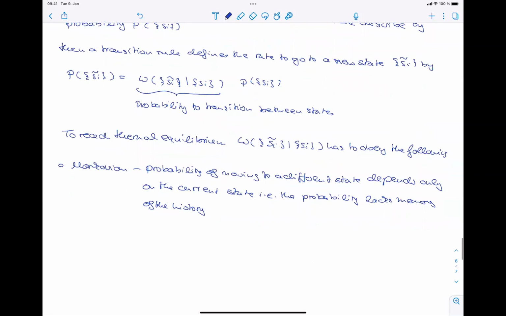Okay. Second of all, the probabilities have to be ergodic, which means that they allow me to really sample the entire state space. A counterexample would be if my probability is defined such that I go in cycles. So my state space is, I don't know, 100 different states, but my probability is set up such that I go from 1 to 2, from 2 to 3, from 3 to 4, and from 4 back to 1.